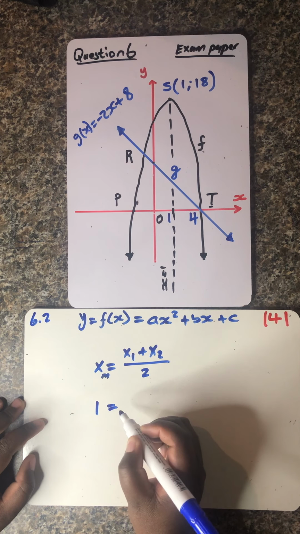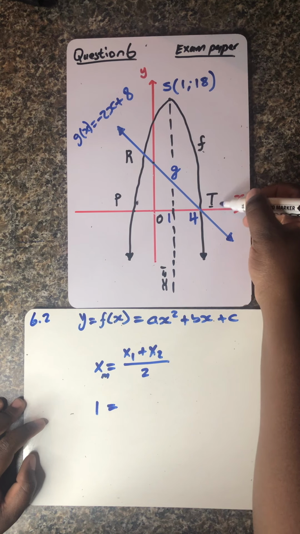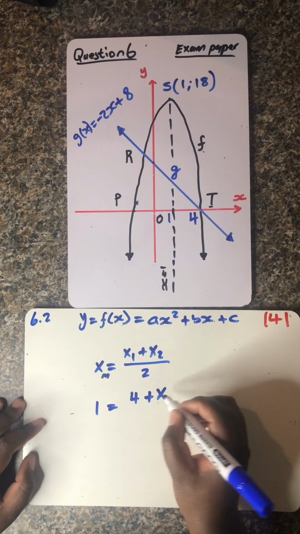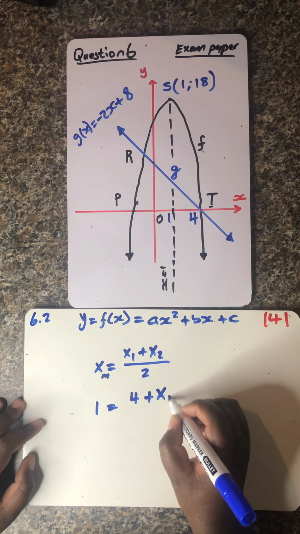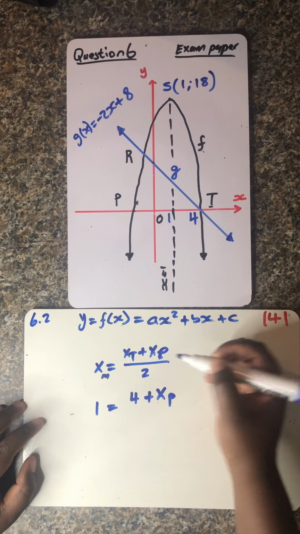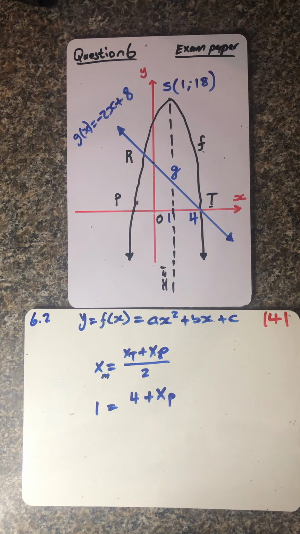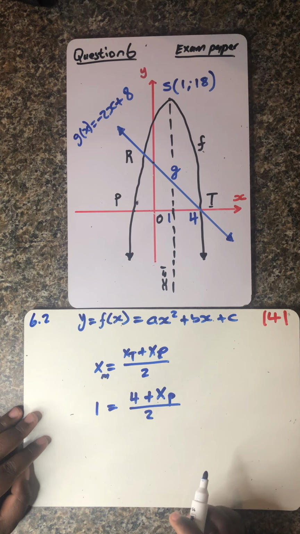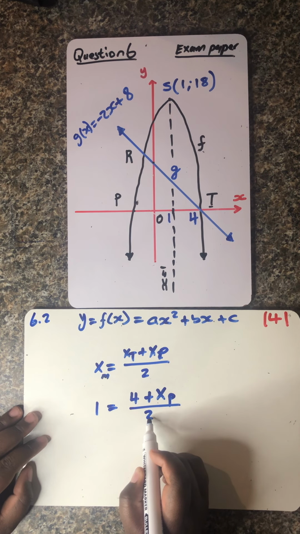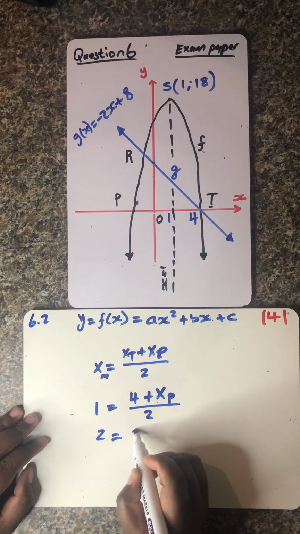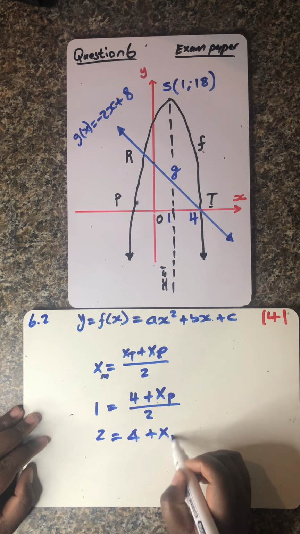So this is equal to, we already know the first x value, positive 4 plus the x at p. I should have said this is the x at t, this is the x at p, so that it makes sense. This is divided by 2. If you cross multiply, you have 2 equals 4 plus x of p.